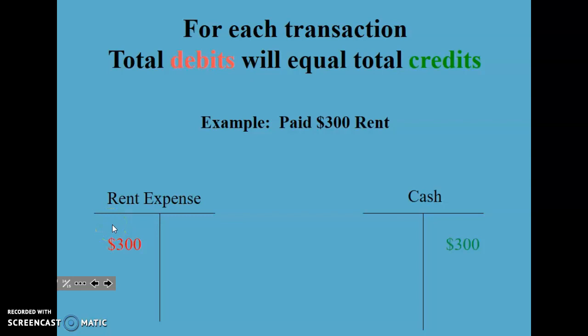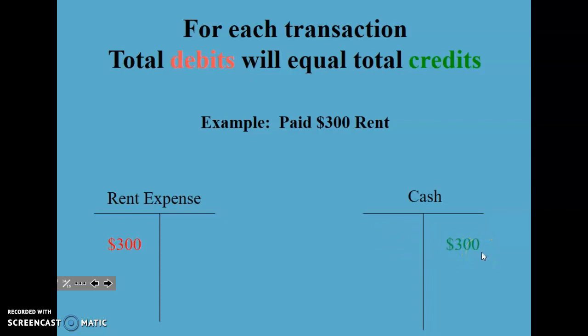We want to increase it, so we've debited rent expense, or we've put it on the left side of the T account, and we have decreased cash because we paid cash. Since cash is an asset, like we said, and it has a normal debit balance, its balance is normally on the left side. If we want to decrease it, we must credit it or put it on the right side.